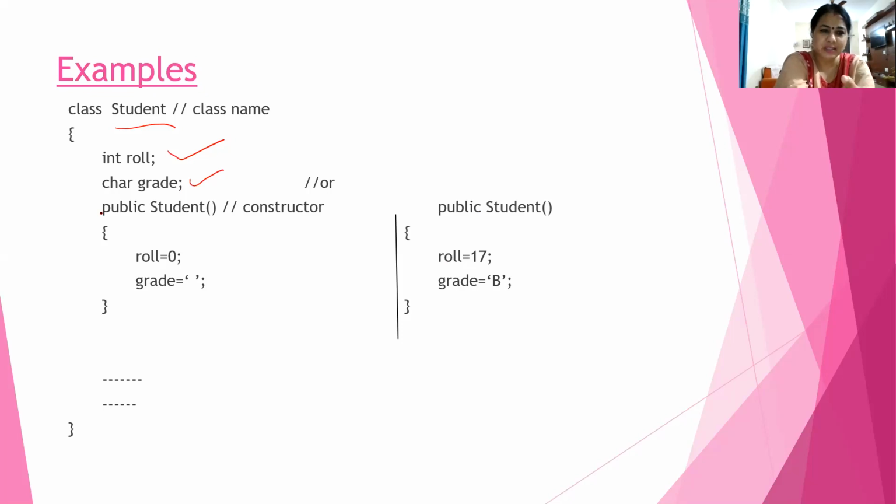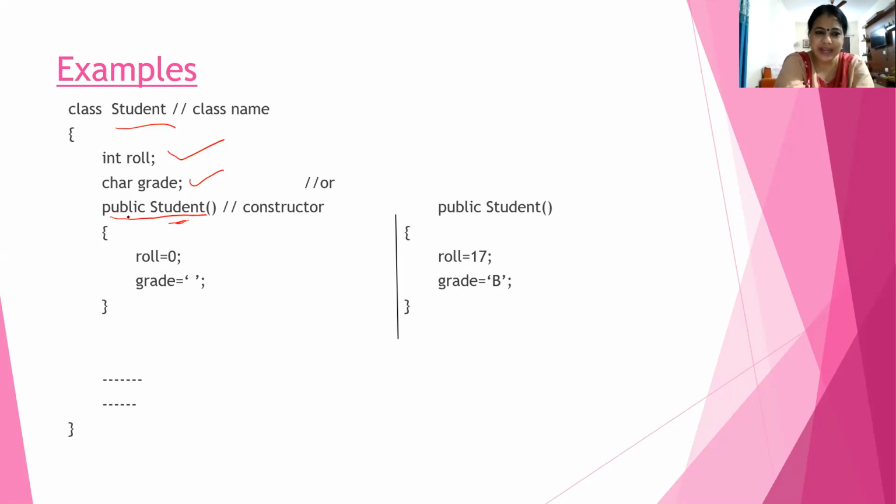Now this is the constructor. How to use the constructor, we will discuss more in the later part. Just look at how the constructor looks. The name of the class you have written as Student, with the access specifier public, which means it is accessible by all.